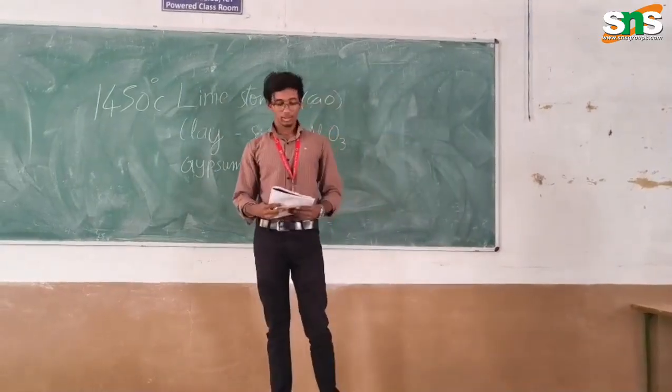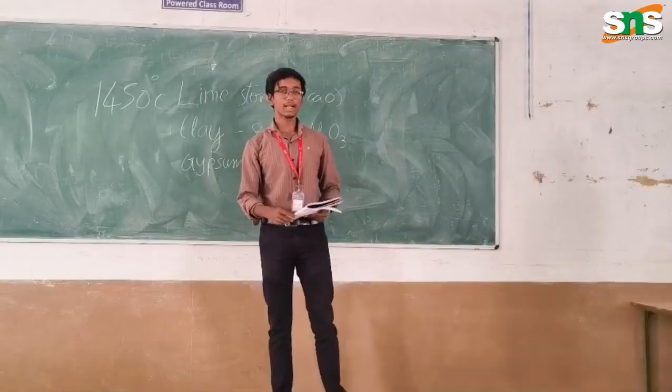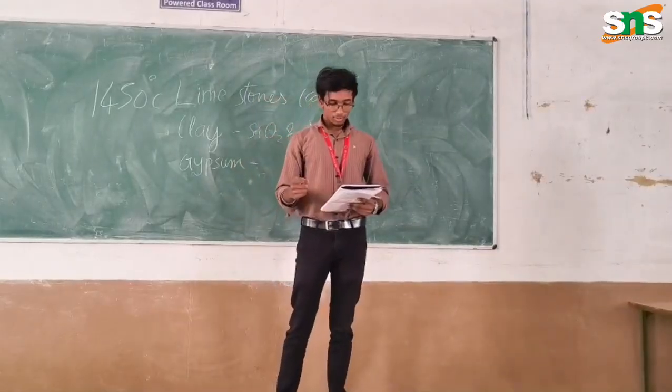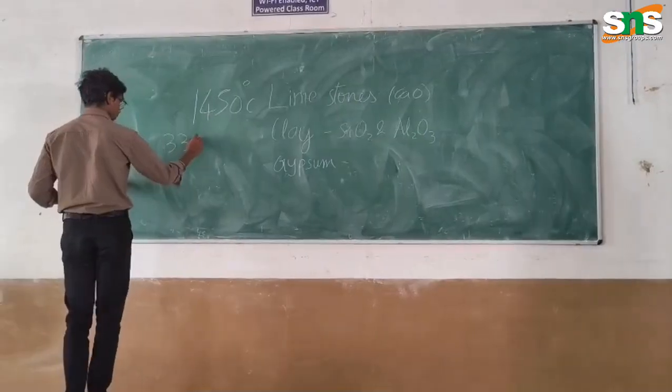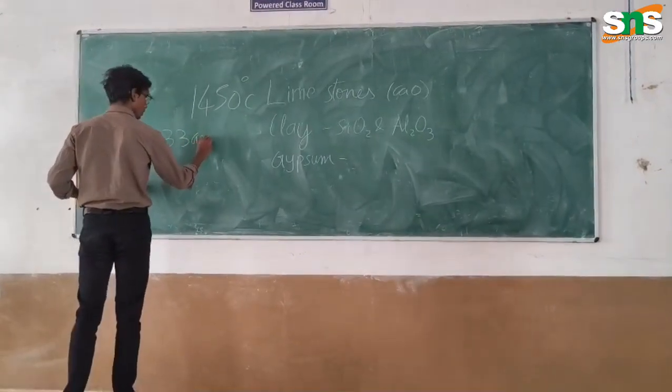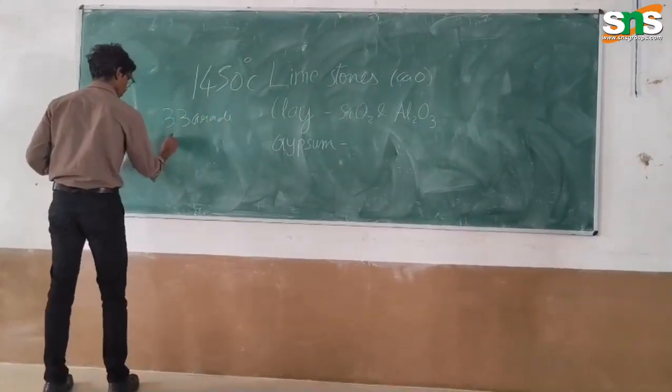Next, in terms of the grade of cement, we have three grades, namely 33, 43 and 53.